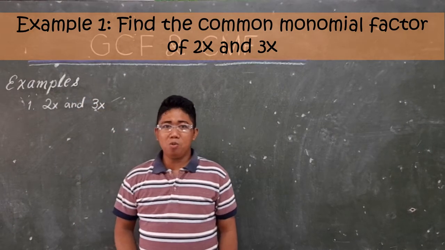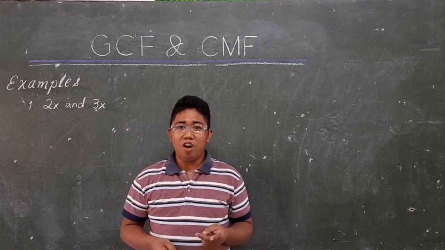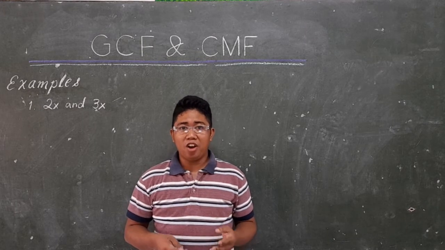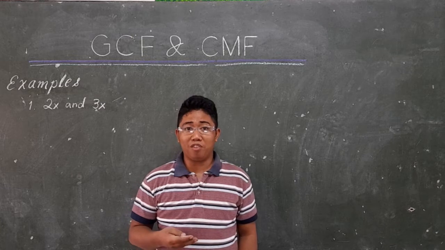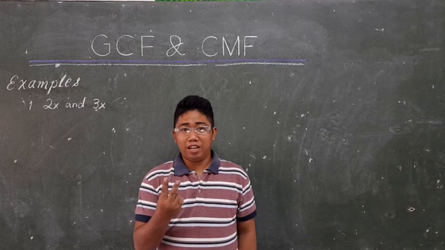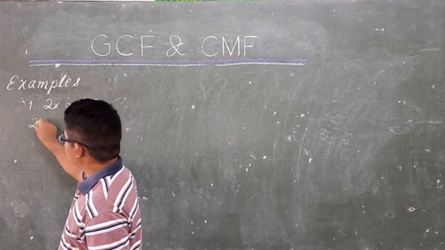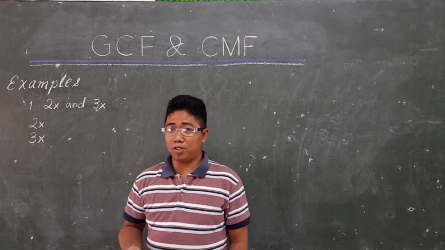Okay, so we find the greatest common factor of the two monomials 2x and 3x, which is the same as the procedure. So what we are going to do is rewrite the two monomials here. So we write 2x and 3x. So this is the same procedure.